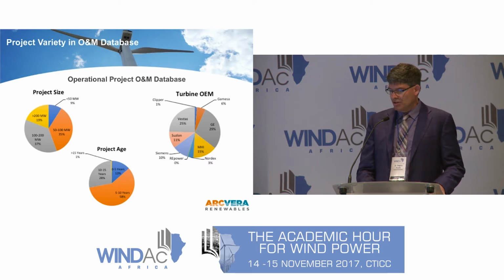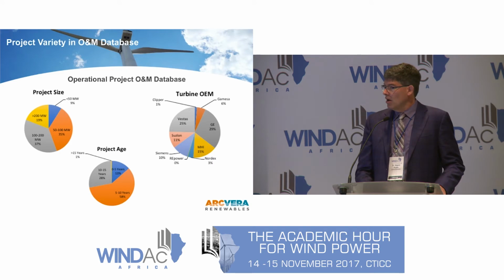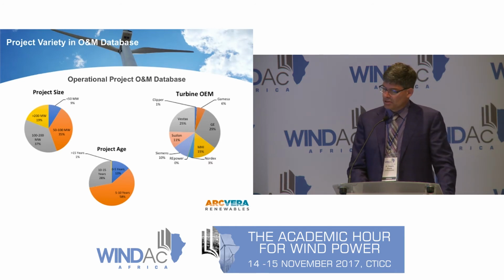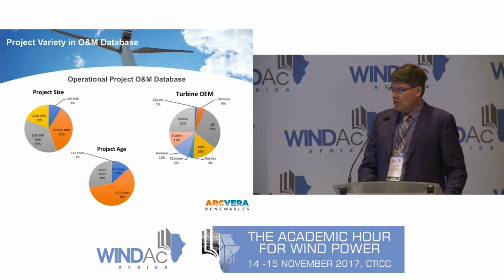We have quite a few projects with 10 to 15 years of operating values that we've looked at in mergers and acquisitions and various transactions. The turbine OEMs represented in the operating database are shown there, with, again, GE, Vestas, and Siemens tending to dominate, but some older Mitsubishi and Suzlon projects, along with others.